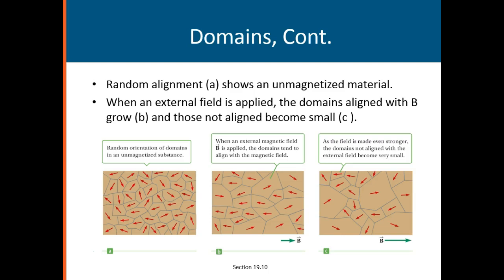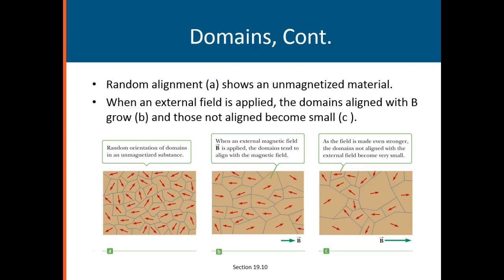What they're saying is, and this is not particularly done all that well, many of these, say a group here, will line up in this direction. Those that don't line up in that direction are smaller domains. Now they show way more smaller domains pointing opposite than the few larger domains that are pointing with the field, because this is supposed to be indicating with the field.